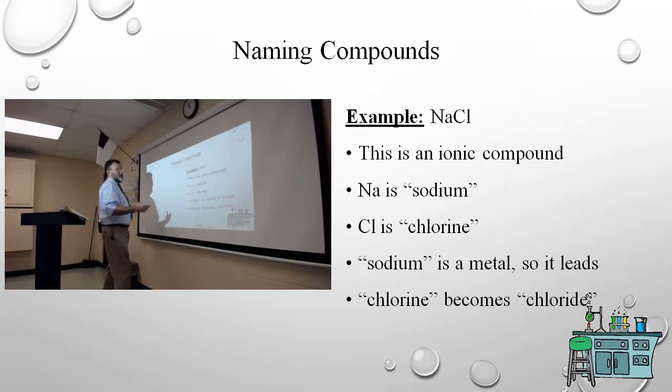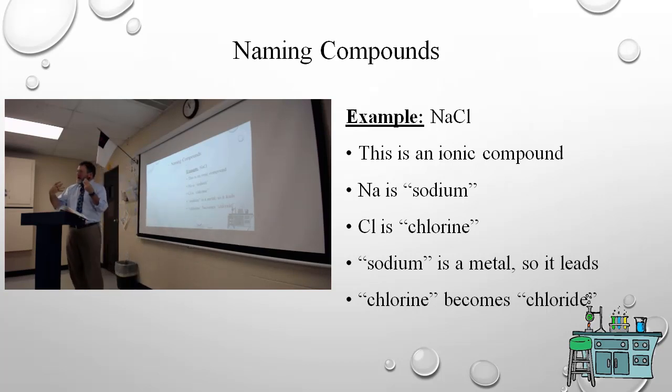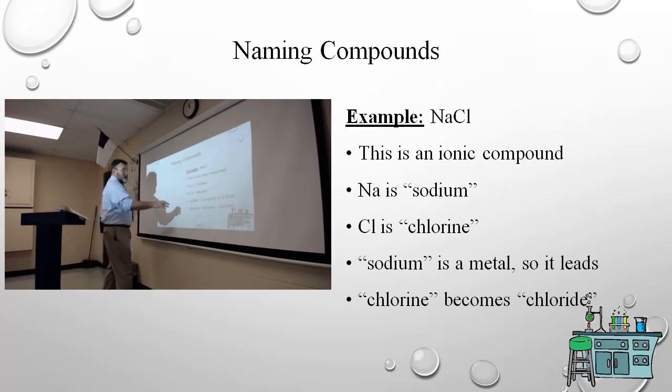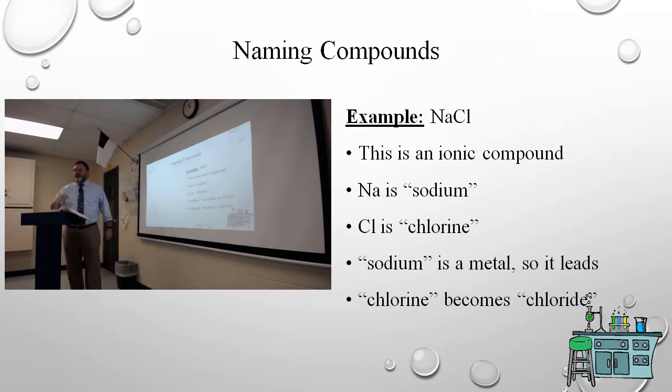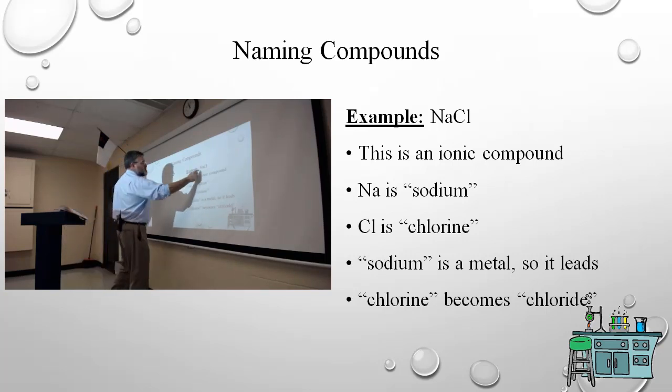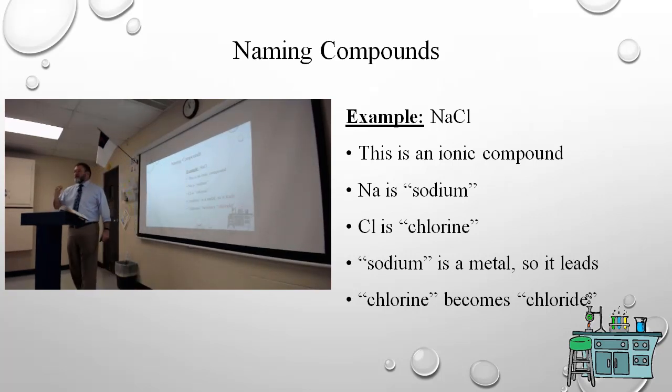We'd probably call it sodium chlorine. Well, that would tell me I've got a sodium and a chlorine atom. Fine. But the second element gets its ide name, and so we read it: sodium stays sodium, chlorine becomes chloride, it's sodium chloride. Right?